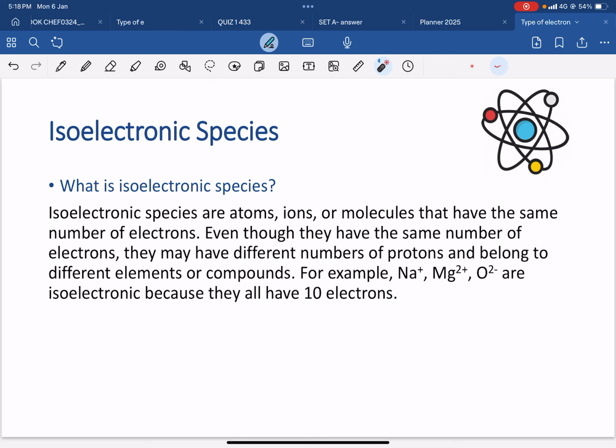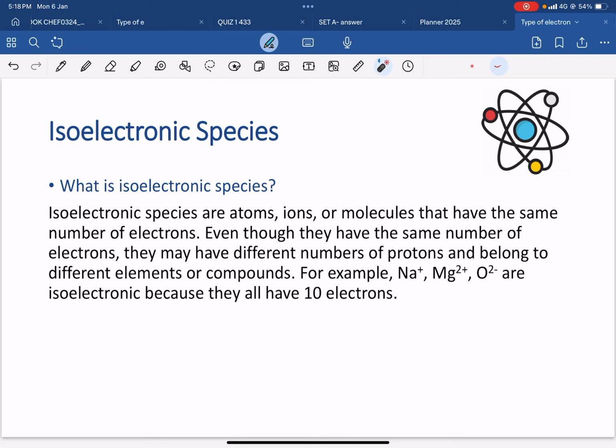Okay, because electron can move around. We can remove, we can add. But number of proton remain the same. So, apa yang berubah sekarang ialah number of electron, but number of proton, the main proton je remain. So, what happens? You have different charge of element. For example, sodium plus, Mg2 plus, oxygen 2 minus.